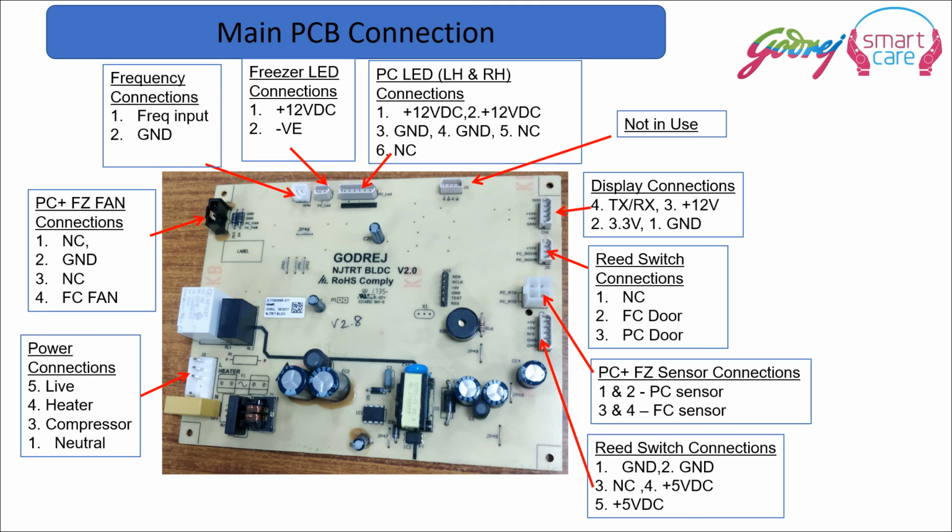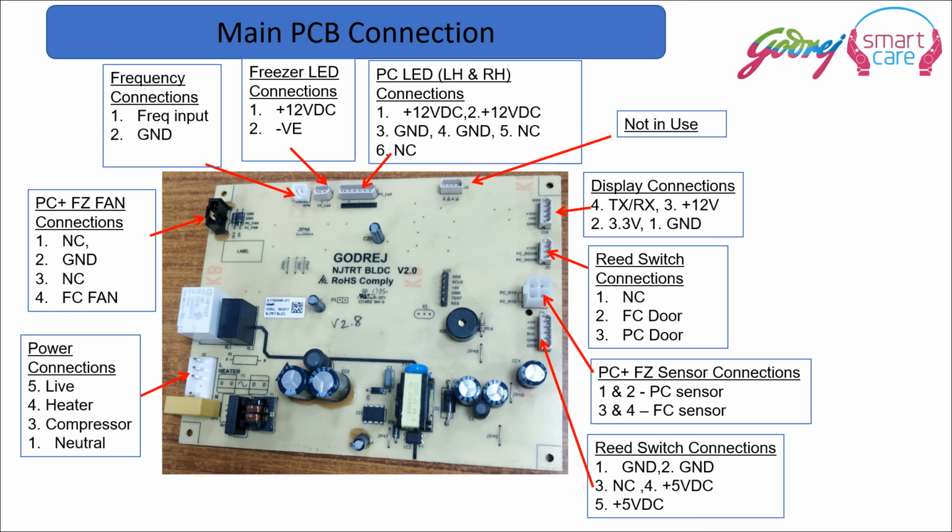Here there are left and right LH and RH LED connections in the NXW for the refrigerator section. In both the connections, you will get 12 volts DC across pin 1 and 3 and pin 2 and 4. There is one small connector over there to the extreme right which is not used.